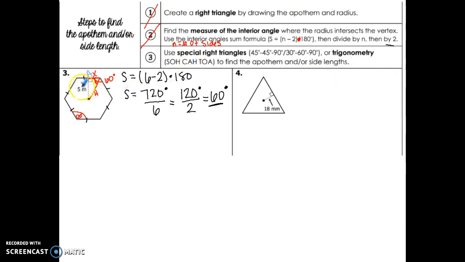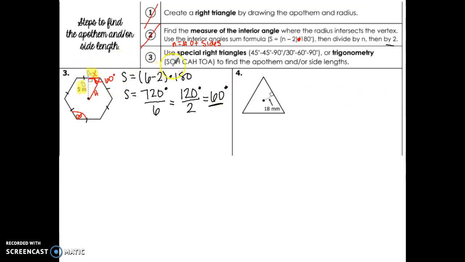I have been given a value for my O, for my opposite leg, that is 5. And I have also been given a value for my A, that is X. I don't know that value yet, but it is still considered a value.